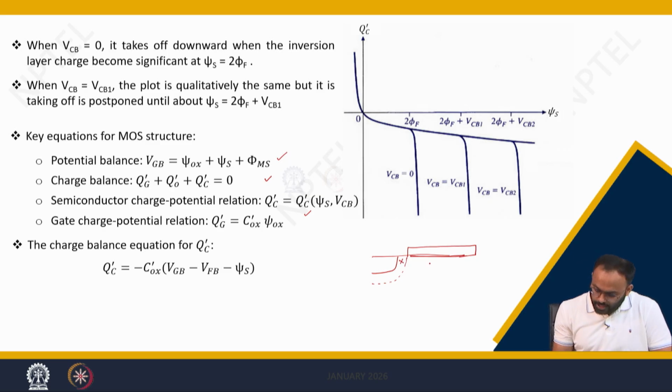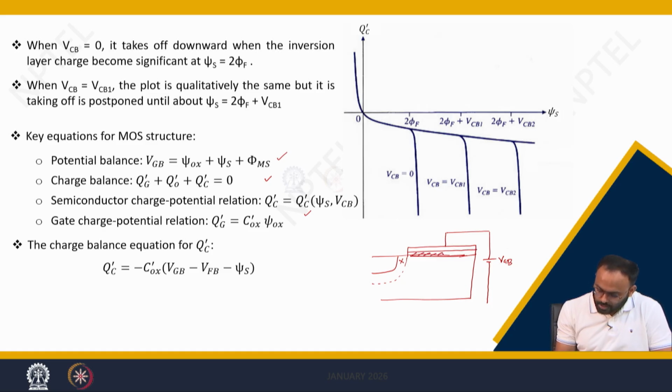In that condition, if we write a potential balance equation in terms of V_GB, then this will be the same as the 2-terminal structure. So, if you apply V_GB, this V_GB will drop across the oxide.